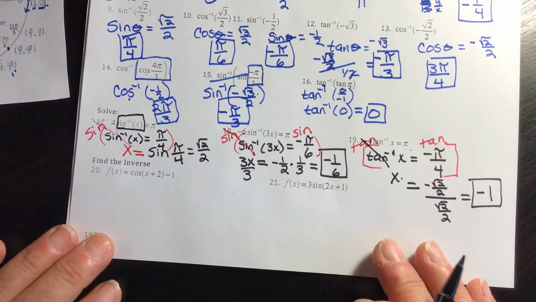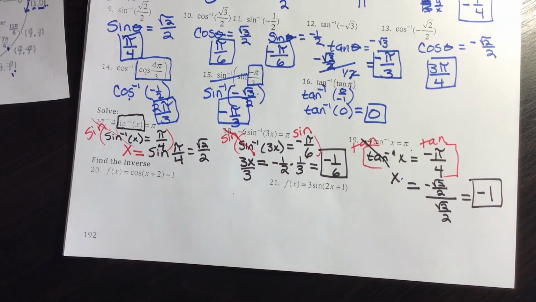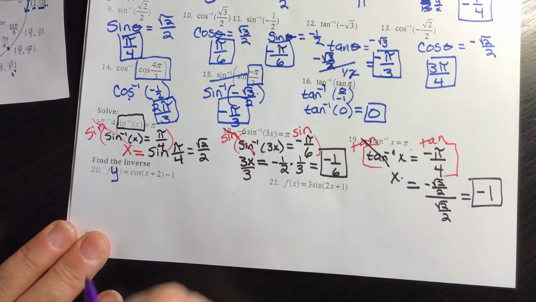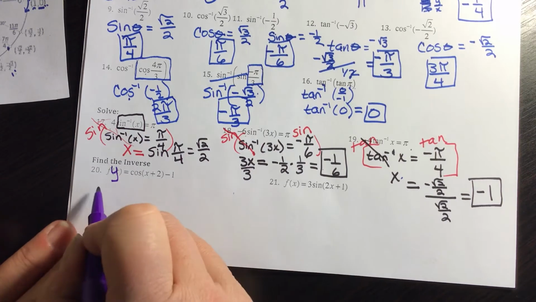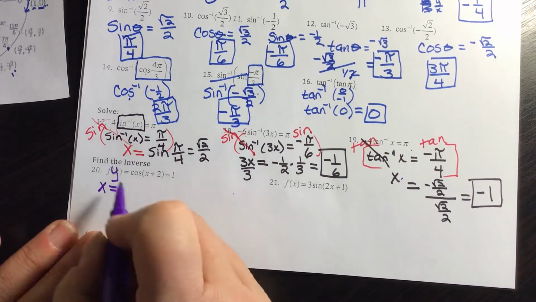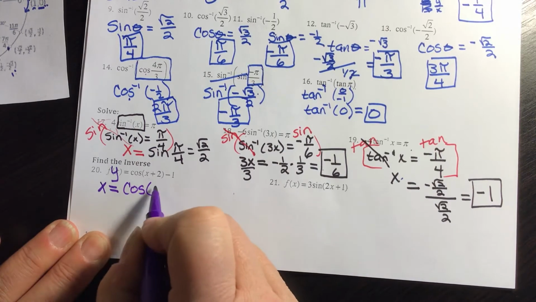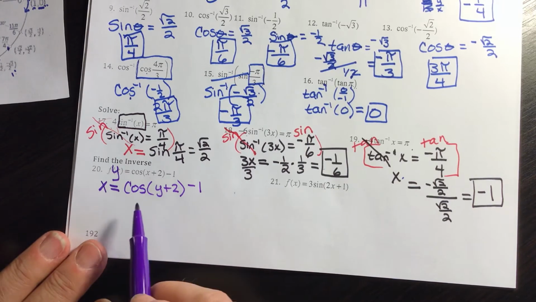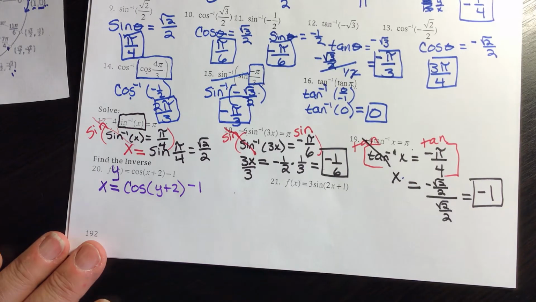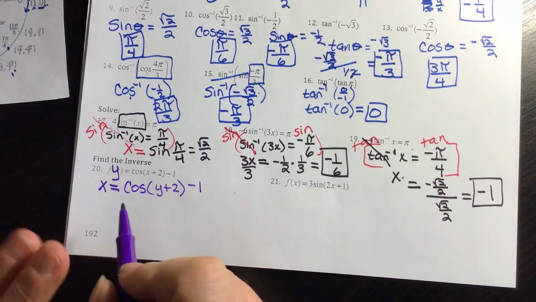Number 20. This one says to find the inverse, and it doesn't have anything in the directions about finding the domain. So we're just going to do the inverse. So remember, this is y, and if I flip my x and y values, I'm going to have x equals cosine of (y plus 2) minus 1. And my job now is to solve for y. So I'm going to add 1 to both sides.